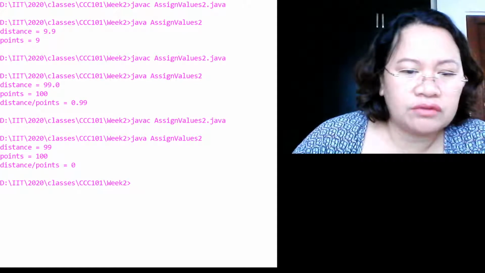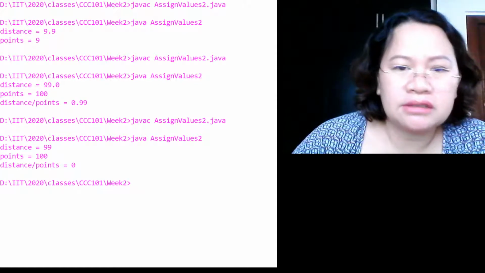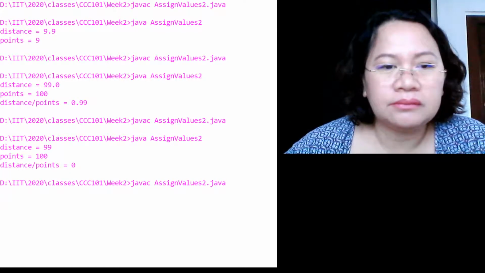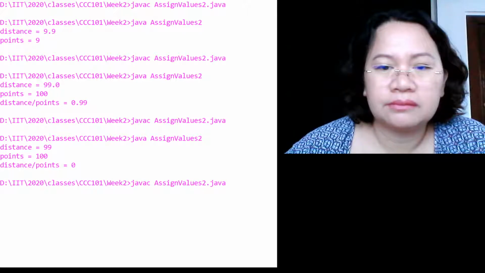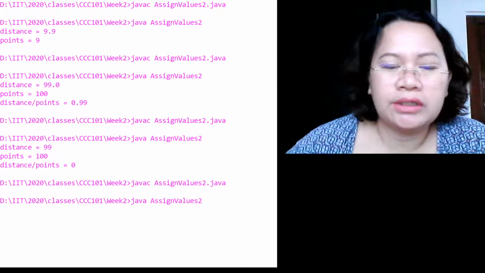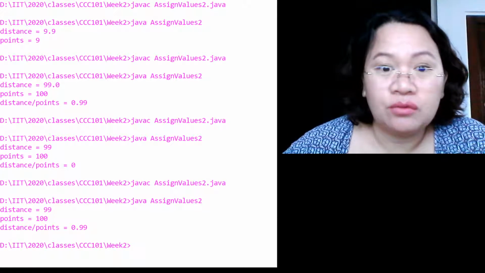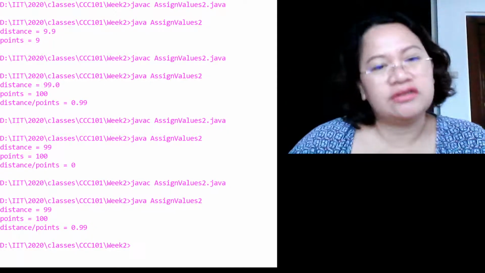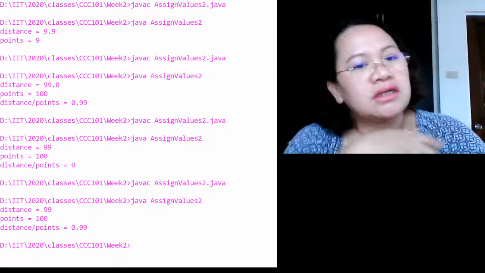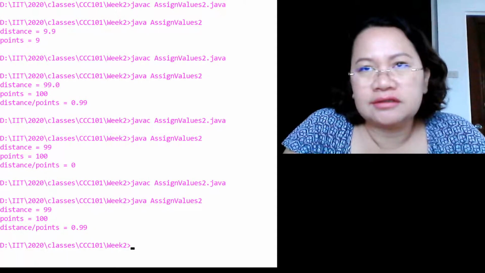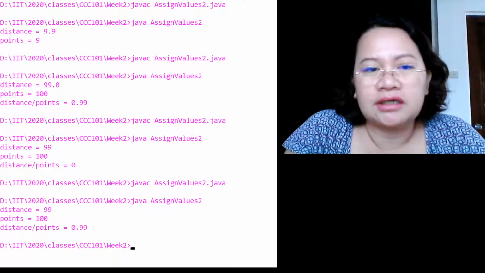Sige, so we have to compile the program again since we edited it. And then run it. Oh, so you have 0.99. So that's the trick, no? We do typecast to get the kind of decimal point na result.